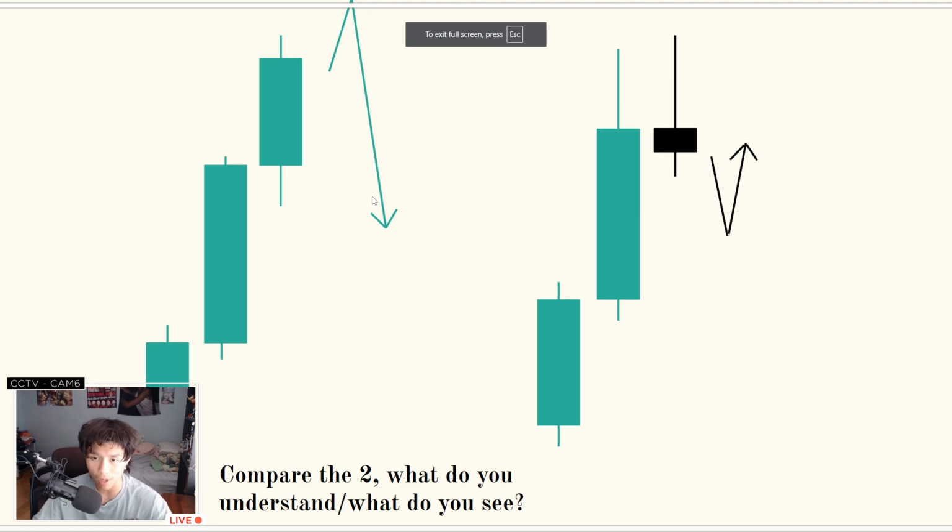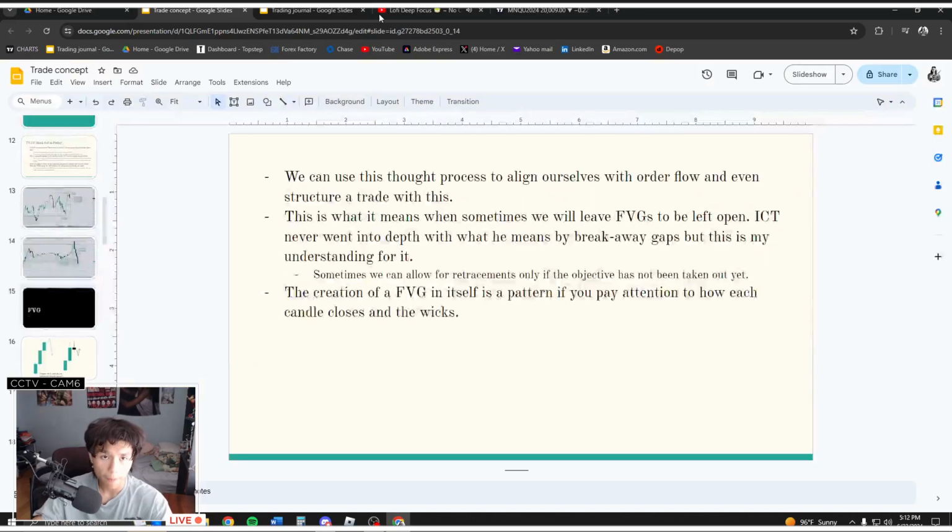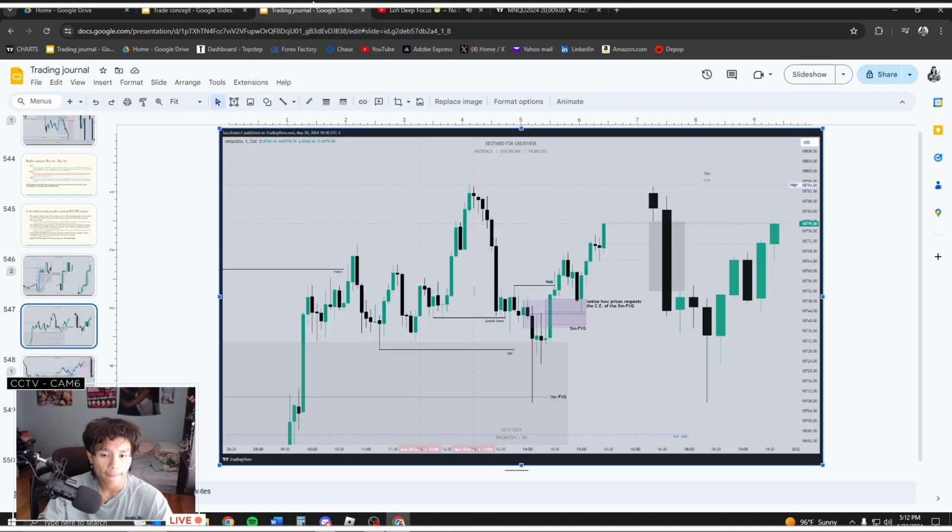Breakaway gaps. This is how I understand how breakaway gaps are created. Sometimes we can allow for retracements only if the objective has not been taken out yet. A good example of that is such as here.